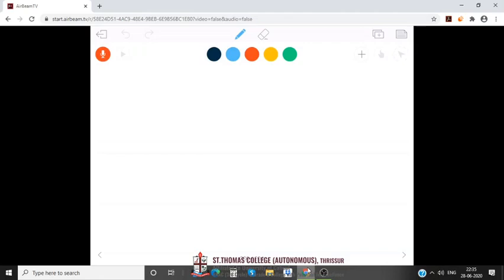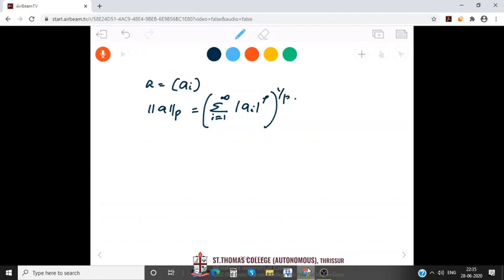Just recall that if A is a sequence AI, then norm P of A is defined as summation I equal to 1 to infinity absolute value of AI raised to P, the whole raised to 1 by P. This is defined only when summation I equal to 1 to infinity absolute value of AI raised to P is finite.